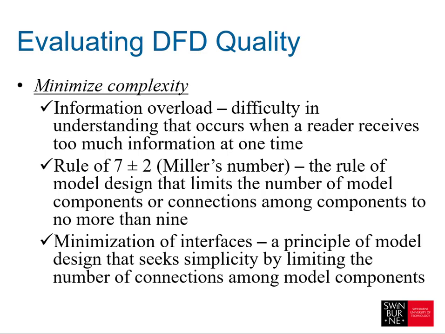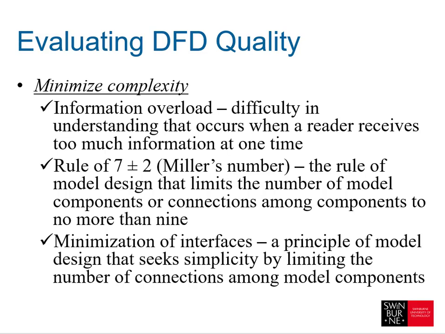Some applications of the 7 plus or minus 2 rule in DFD contents are as follows. A single data flow diagram should not have more than 7 plus or minus 2 processes, or more than 7 plus or minus 2 data flows entering or leaving a process, a data store, or a data element on a single data flow diagram.